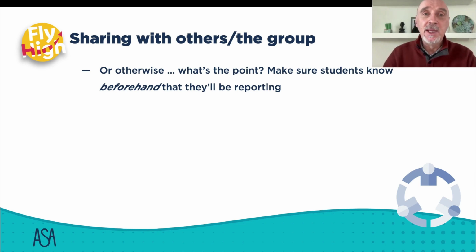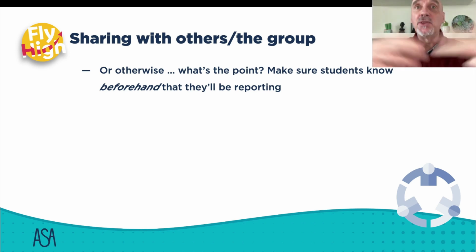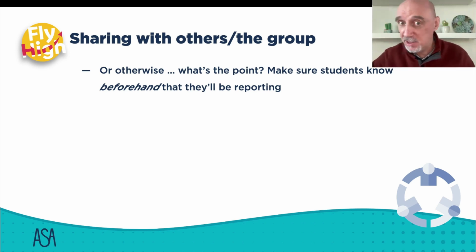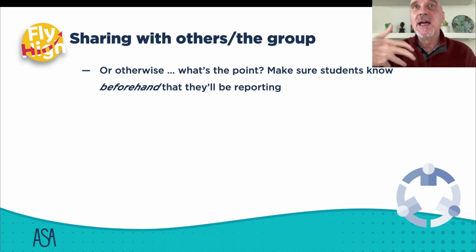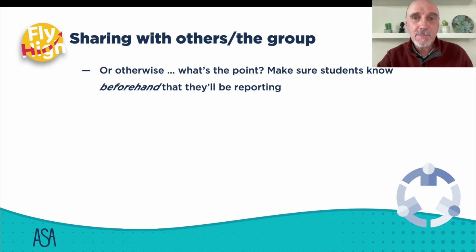So having exchanged that information, then giving them the chance to share it with others, whether it's the whole group or another individual, or whether they're going to be writing something about it and posting it, that some sort of sharing is going to come out of this interaction really helps, again, give it purpose, give it meaning, give it some sort of fulfillment.